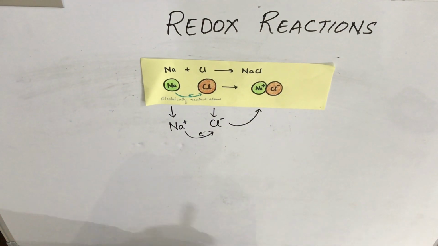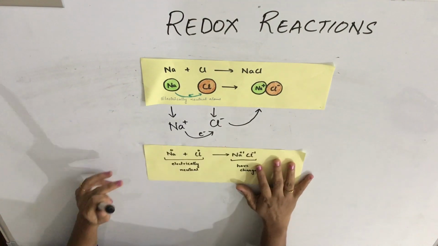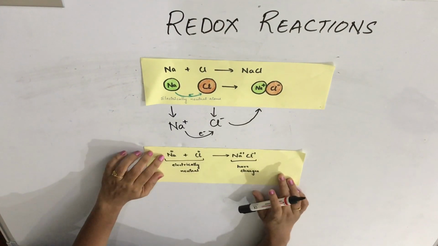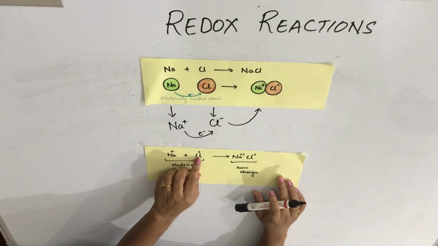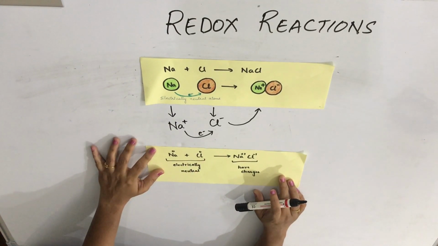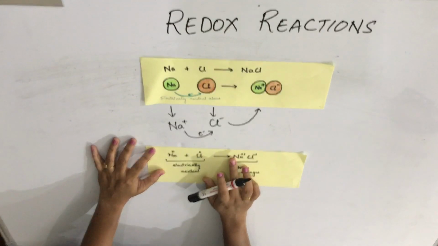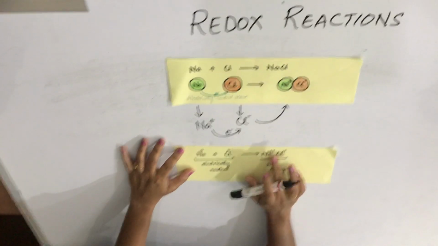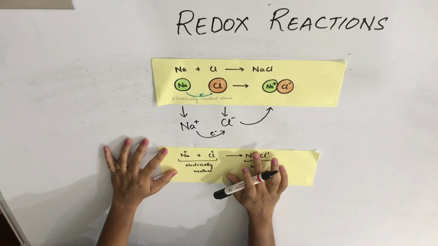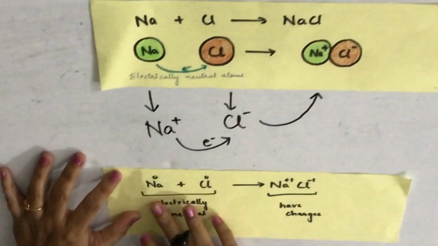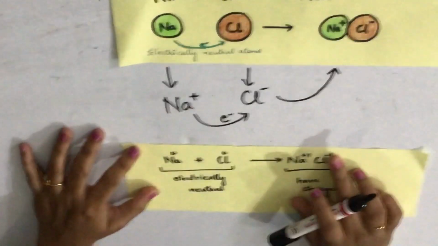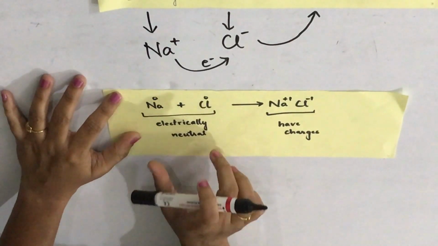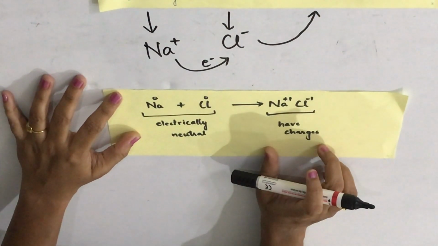Always remember that neutral elements always have a charge of 0. Now Na has a charge of 0. Cl also has a charge of 0. When it becomes NaCl, Na gains a positive charge and Cl, because it has taken one electron, gets a negative charge.